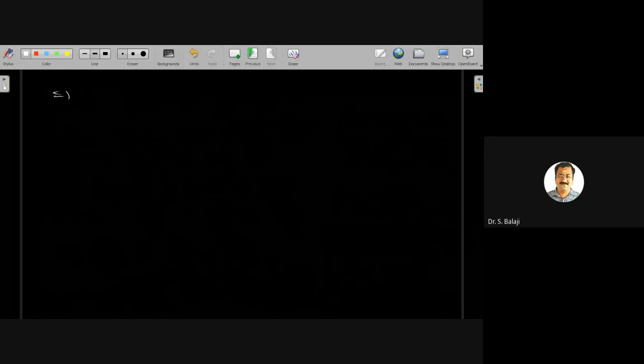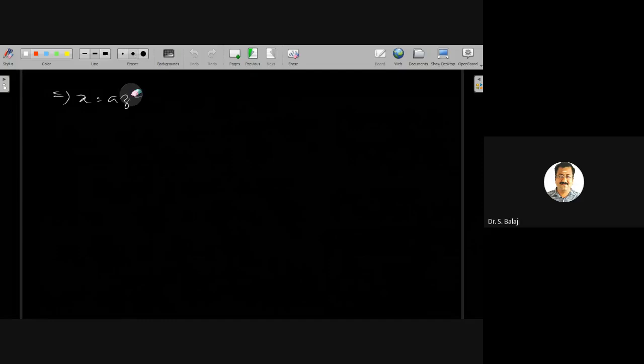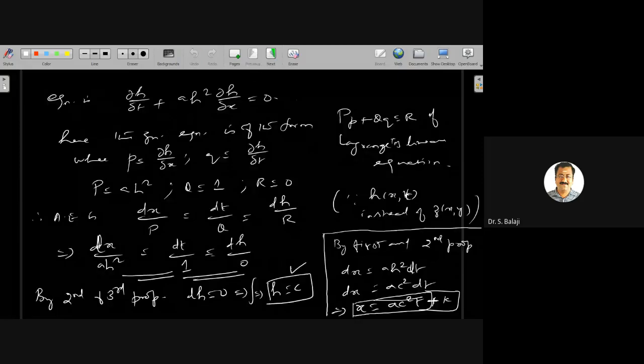We can write it as x is equal to a h square t plus k, that is, x minus a h square t is equal to k. And here is also one solution.